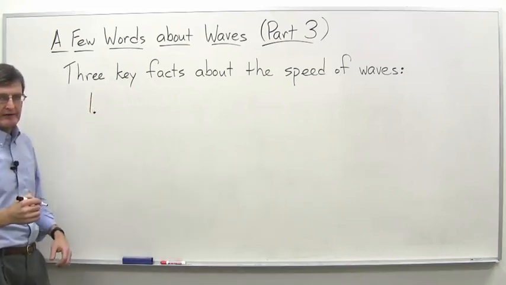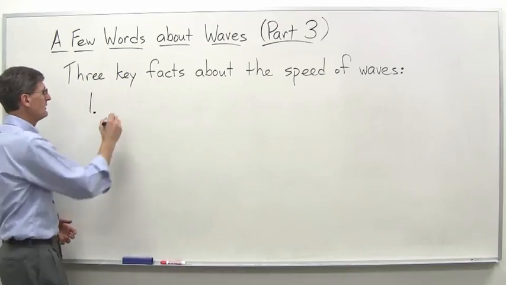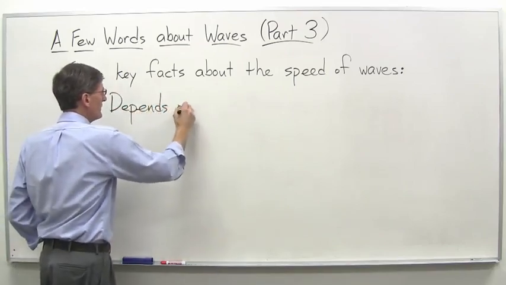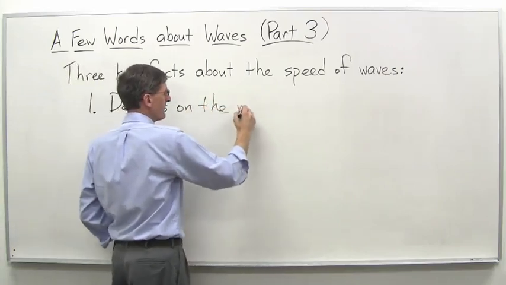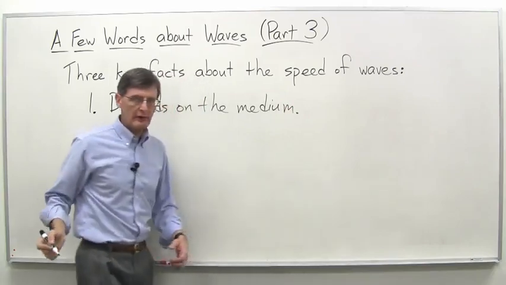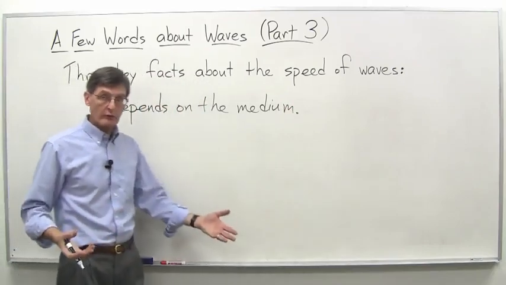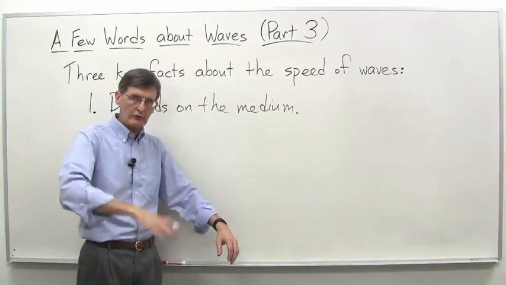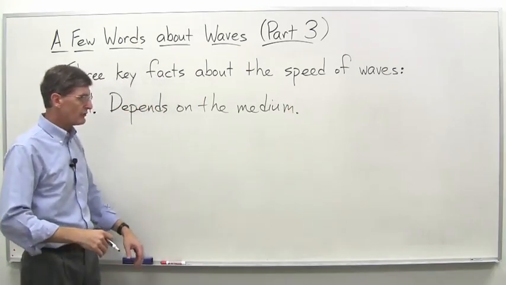Okay, so 3 key facts. Number 1 key fact is the speed depends on the medium. So what do we mean by that? Well, consider water waves. Maybe we have a long tank, and we generate some waves in this tank with our hand or some sort of paddle device.